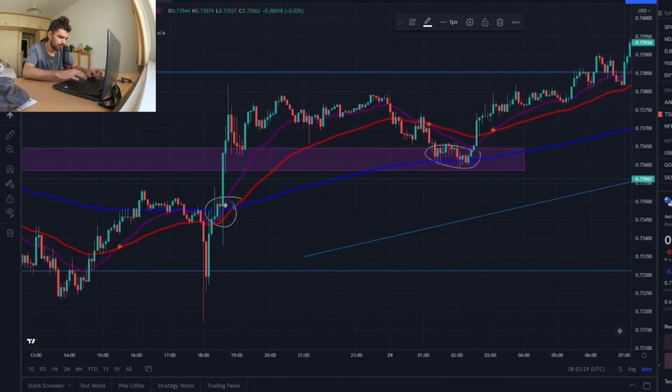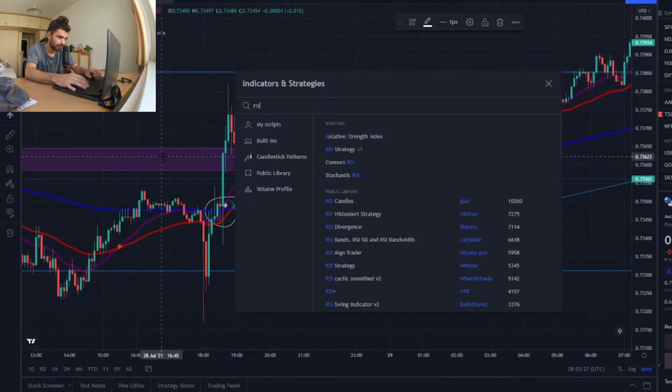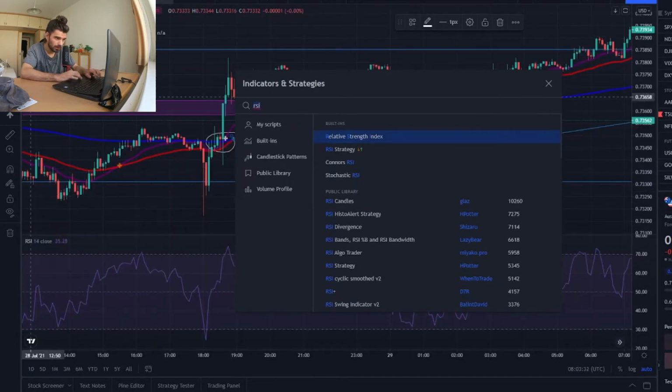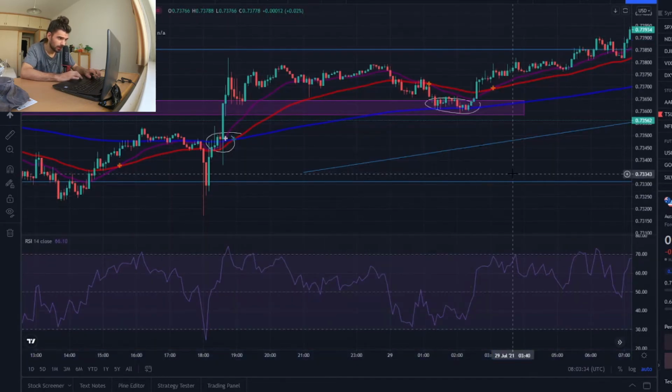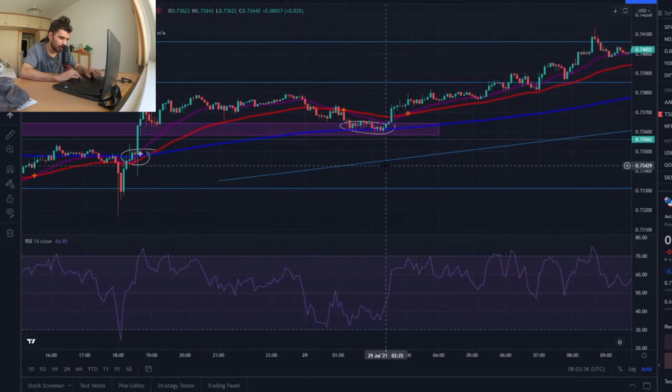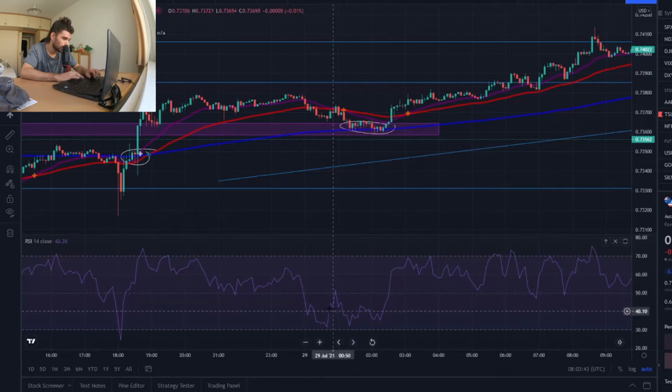Now if we add some more indicators, if we add the RSI for example, we can clearly see that here was a kind of momentum-shifting area where we were pretty low.